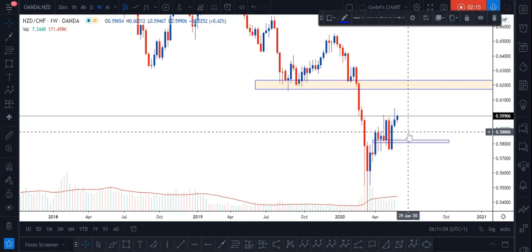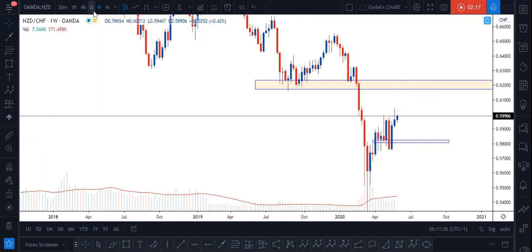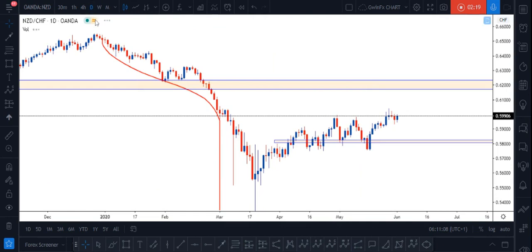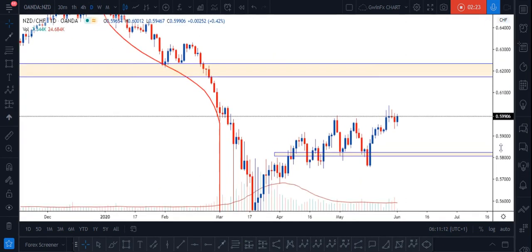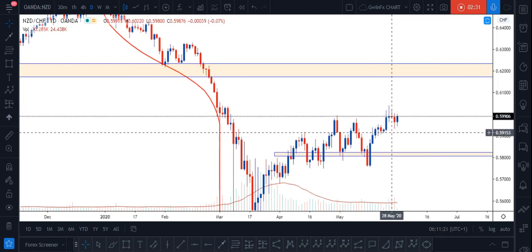So let's look at what we have currently, because you don't need to be predictive, you need to be reactive and decide fast on what you want to be doing with the market and how you want to get involved. Now for 3 days, 1, 2, 3, the market has actually stalled to make reasonable new highs.